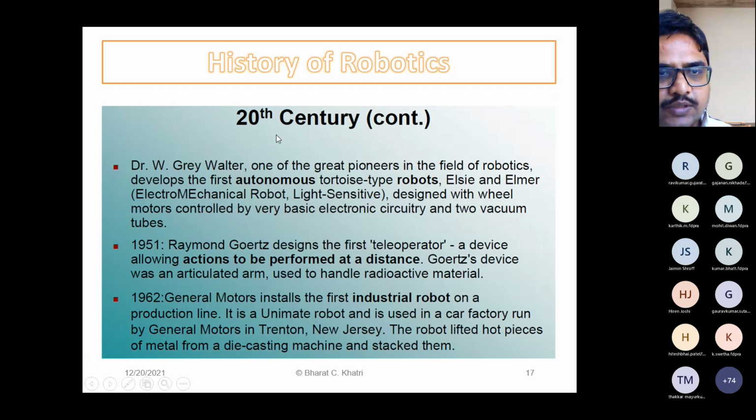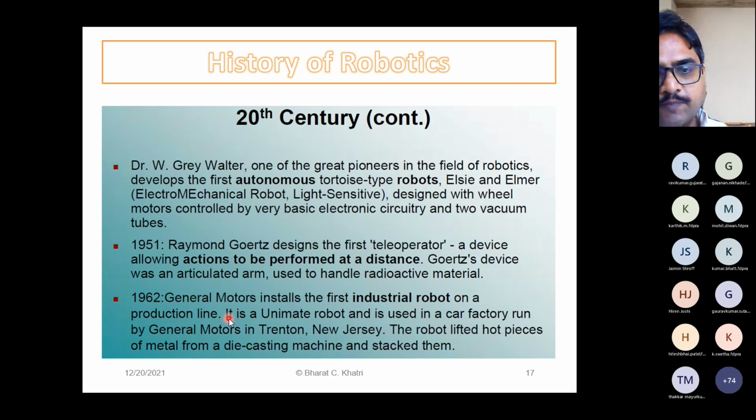In the 20th century, Walter used the first autonomous tortoise-type robots. In 1951, Raymond Goertz designed a teleoperator device that allows actions to be performed at a distance. In 1962, General Motors installed the first industrial robot on a production line.